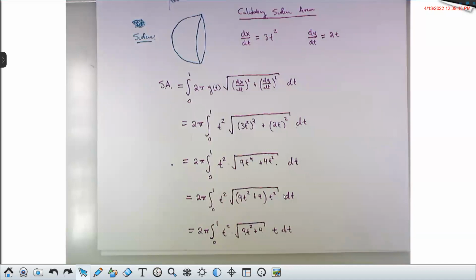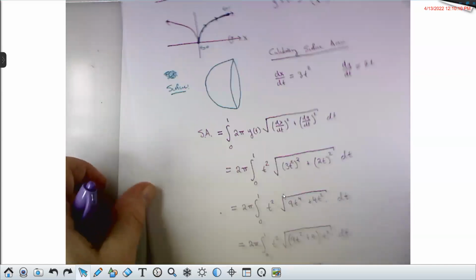Because if you sub z equals 18t, then dz is just going to be 18 dt. So yeah, it is true that I've written this t over here because this is going to be a part of some dz. But if my differential is going to be t dt or something like that, then yes, exactly. Then I want to substitute for some quadratic.